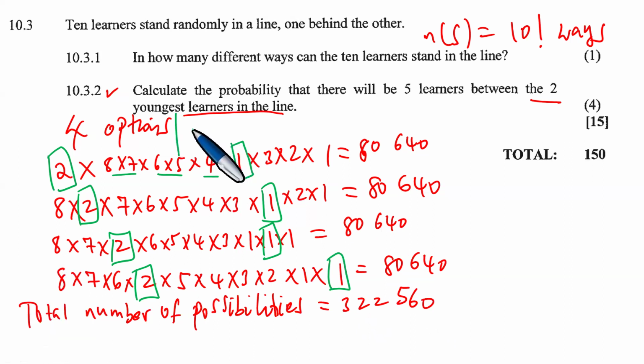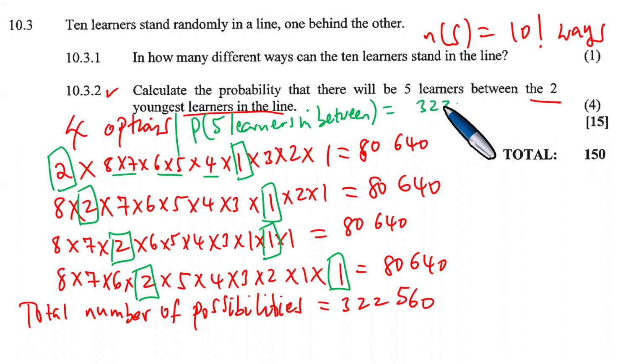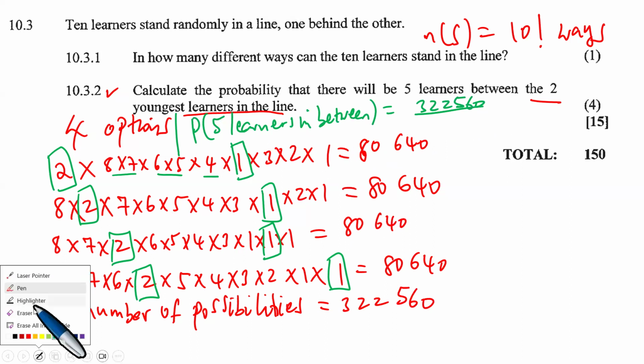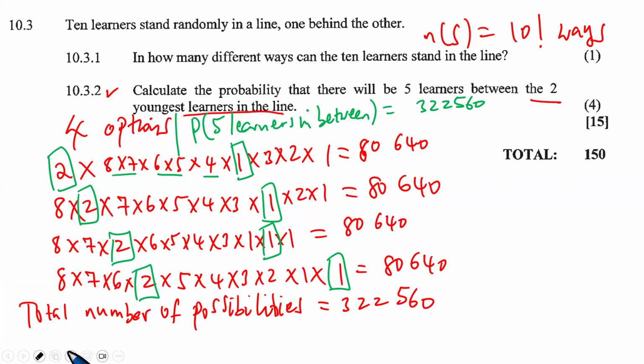The probability of 5 learners in between is going to be exactly 322,560 divided by 10 factorial.